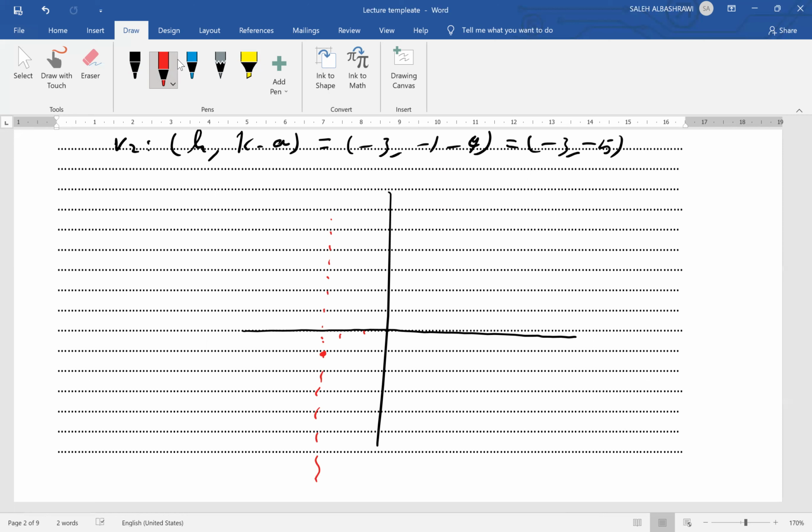V1, or the first vertex, it is minus 3 and 3. This is V1. Second one is minus 3 and minus 5. This is V2. And the ellipse will be this shape, approximately.